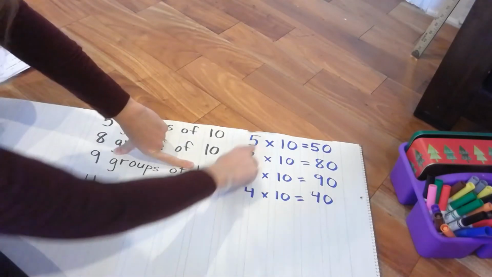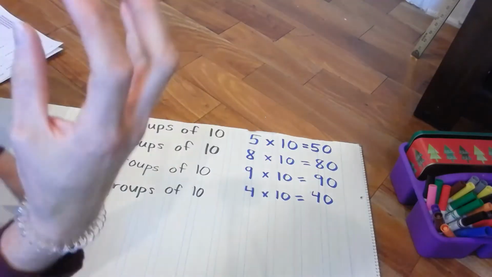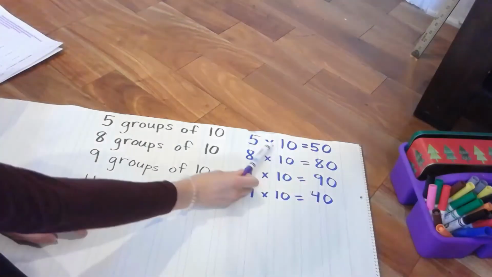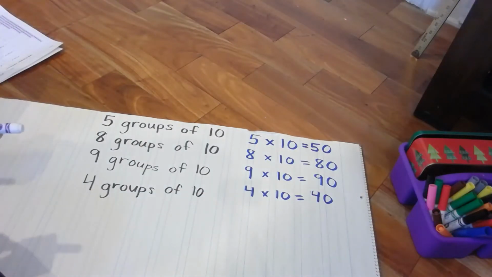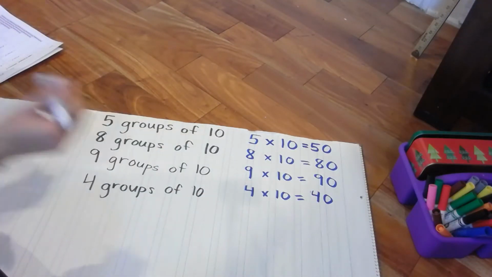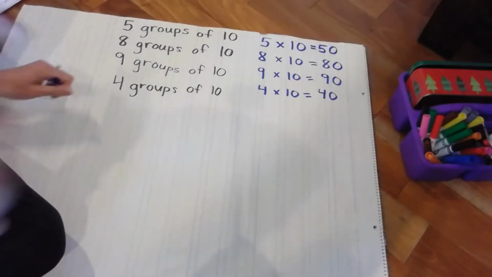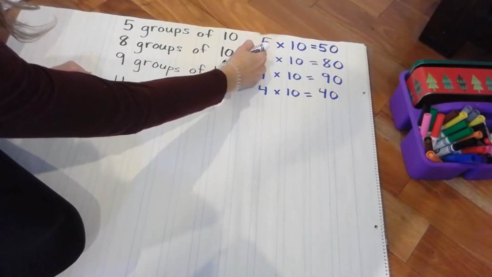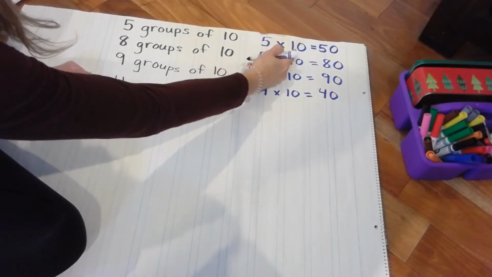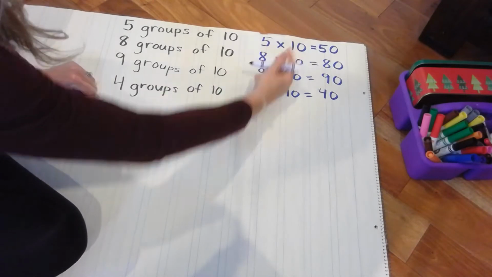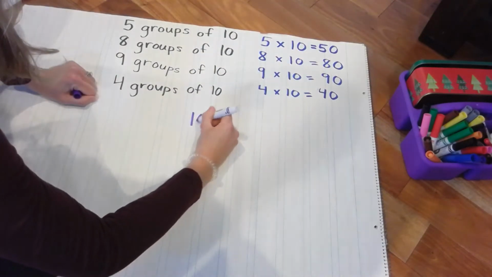So this way is where you'll see it more often, but the way you'll see it most often, I'm going to slide on over here. Or actually, I guess I'll just write it underneath here. So, take a look. Instead of 5 times 10, or 5 groups of 10, we would start with a 10 on top.